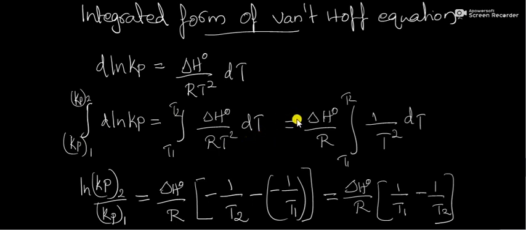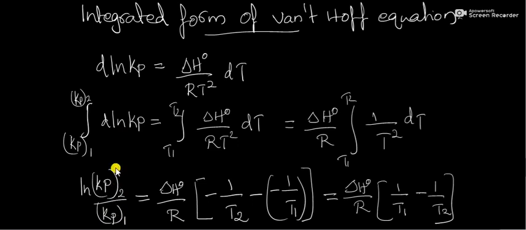Or we can write delta H0 divided by R. This term is a constant, so can be taken outside. Then integrate T1 to T2 1 by T square into dt. Which is equal to, d and integral cancel, and we can write ln Kp2 divided by Kp1.